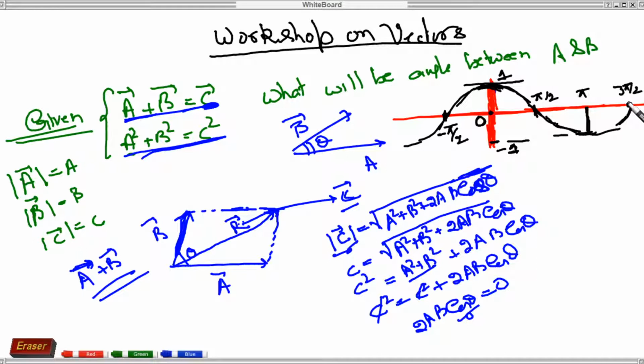So with the help of this you can see that cos theta is 0 at what point? Either at pi by 2 or at 3 pi by 2. It means when this angle theta is equal to pi by 2, and pi by 2 means 90 degree, when A and B are at 90 degree, or 3 pi by 2, it is like this.